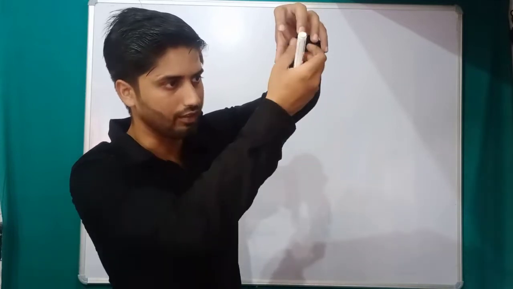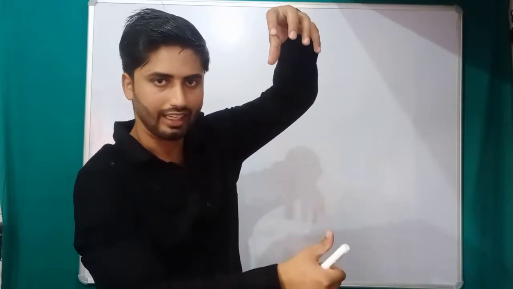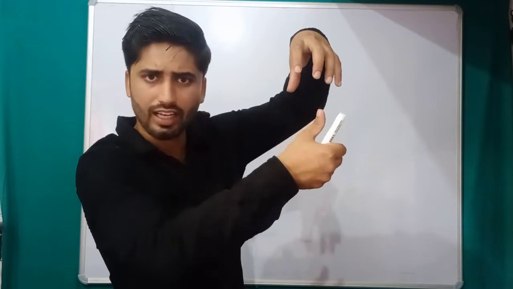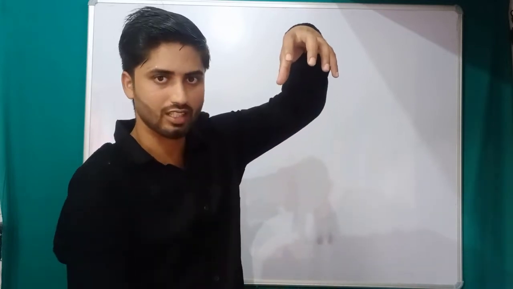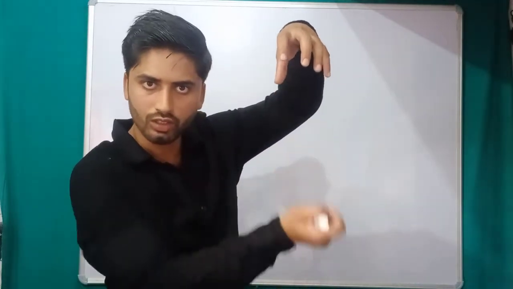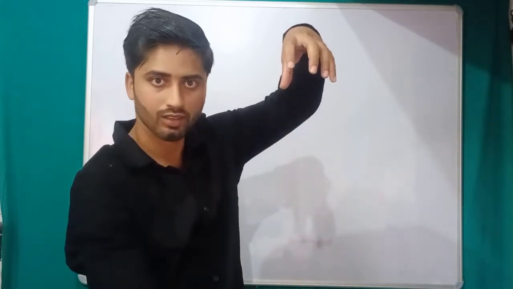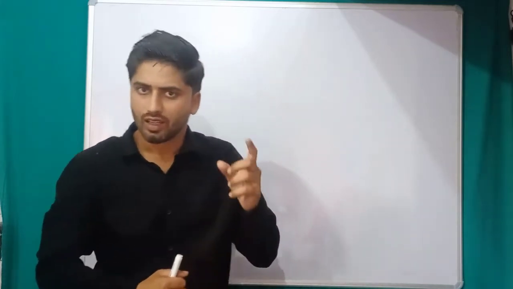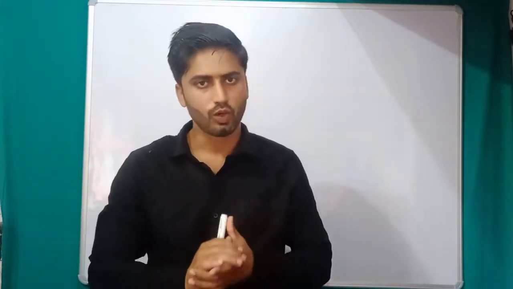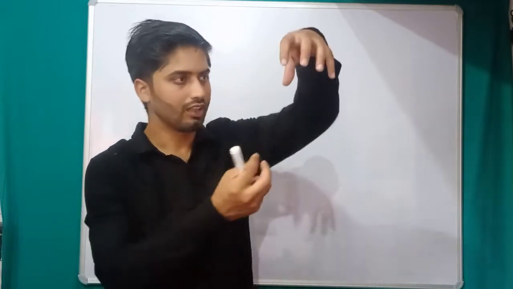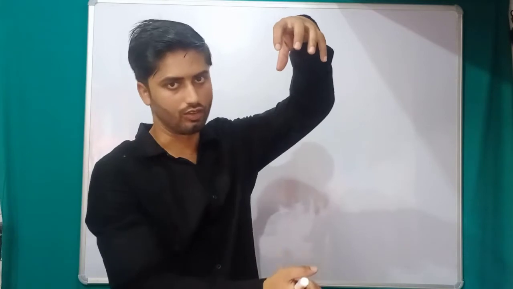If a ball is falling freely, then air resistance is in the upward direction, resisting the ball from going down, but gravity is attracting the ball downwards. So the basic information here is that there is gravitational force and there is air resistance. See, this is the connectivity when a ball falls downward.